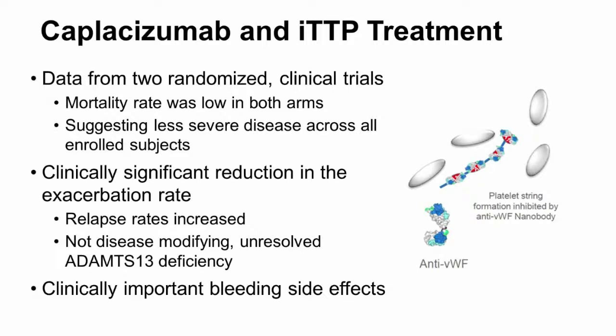This really addresses the fact that Caplacizumab is not a disease-modifying treatment, but really an adjunct to the existing treatment and immune suppressive therapy to treat this unresolved ADAMTS13 deficiency, which leads to the clinical phenotype of TTP. There were clinically important but manageable bleeding side effects seen in these patients as well.